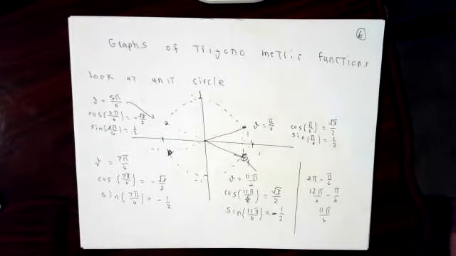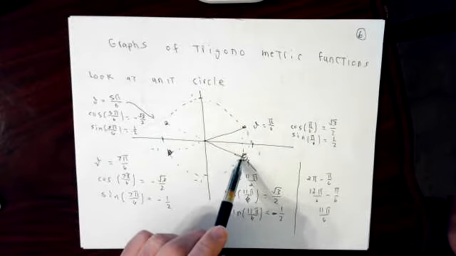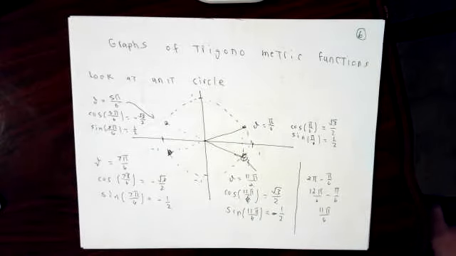And there's one other thing that I can do with this original pi over 6 angle. I can think of reflecting it across the x-axis. The x-coordinate's going to remain the same, but the y-coordinate's going to become negative.